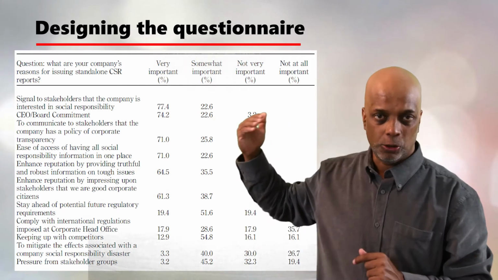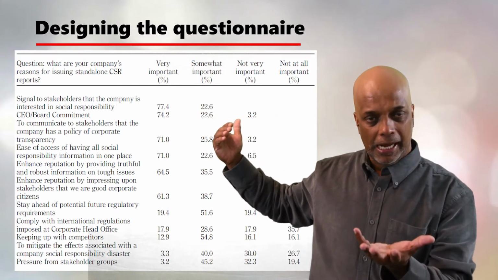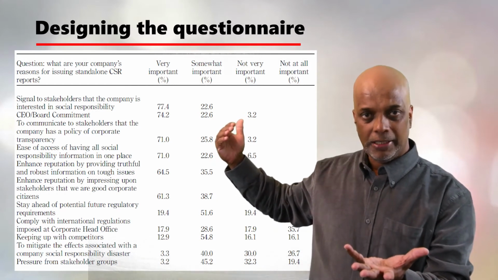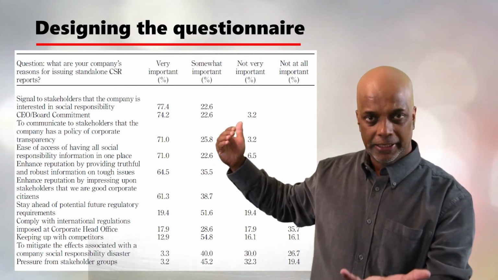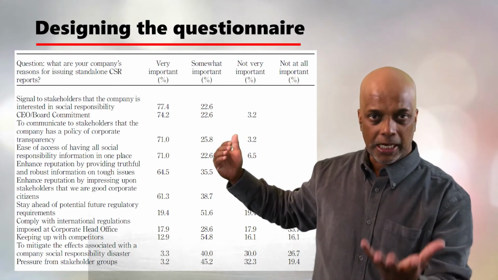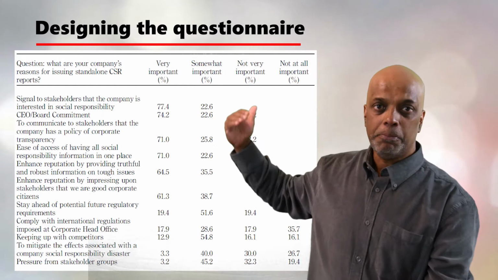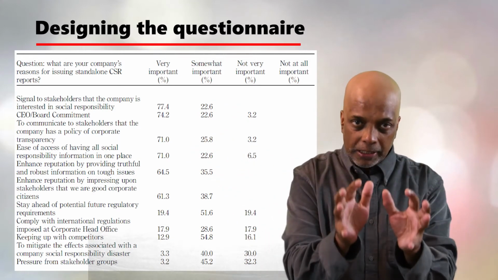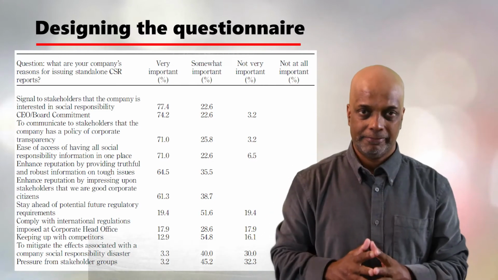So that's the first thing. You can check whether a particular item is important or not. So one dimension according to which you would profile and describe the reality is the importance that your respondents attribute to a particular set of factors.